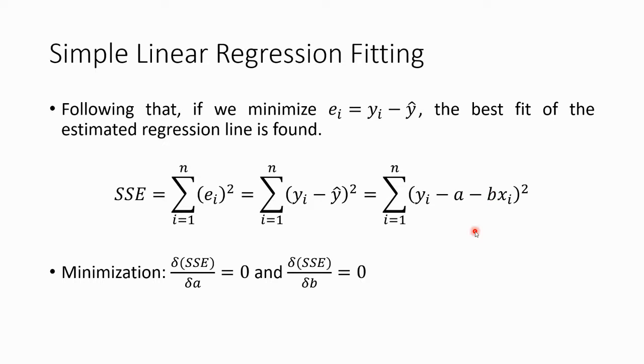So we want to minimize this, and to minimize this, we have two parameters over here, A and B. So we take the differentiation of this SSE over A equals 0, and the differentiation of SSE over B equals 0. Because when you do the differentiation and you equate to 0, then you find either the maximum or the minimum, isn't it? So this is the minimization problem. So we get the A and B that give us the minimum error.